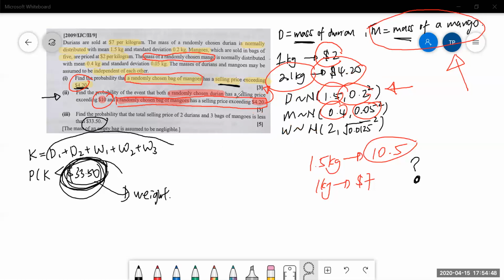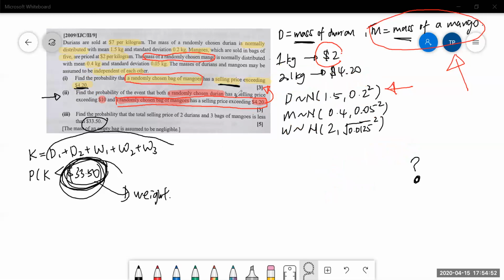So, in other words, just so we know that 1.5 kg is equal to $10.50, remember?